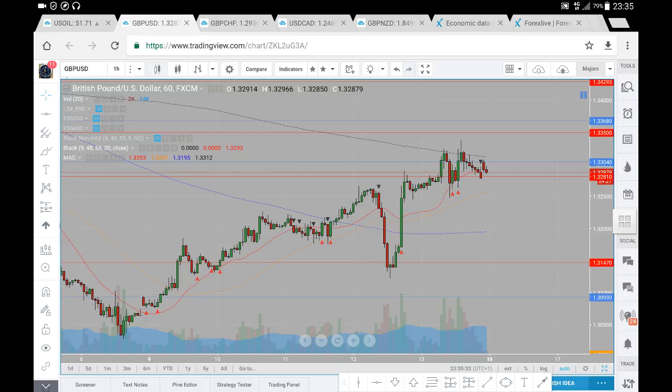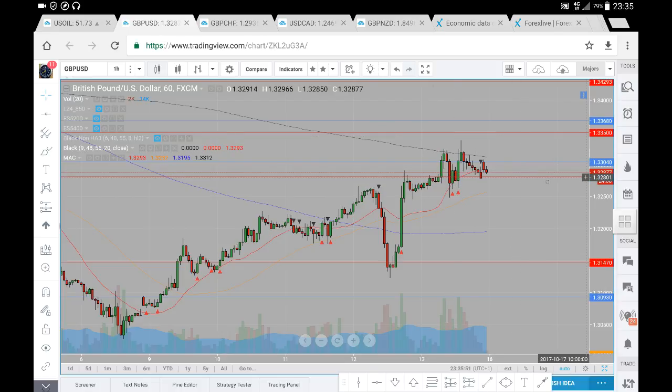Now, on the hourly chart, we can see we've got a trend to the upside, and we've had a deep pullback to 131.47, which held as support.